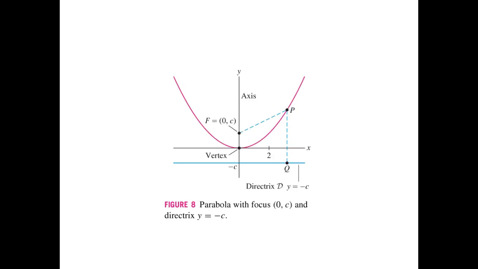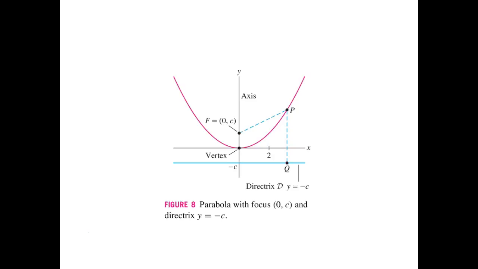The directrix D is y equal to some number. Now, if your axis is the y-axis, then y equal to some number not inside the curve. It has to be outside the curve. This happens to be minus c here. Parabola with focus 0c, directrix y equal to minus c.